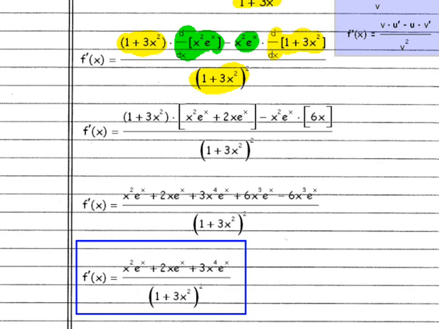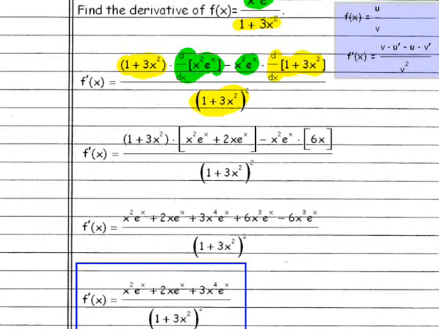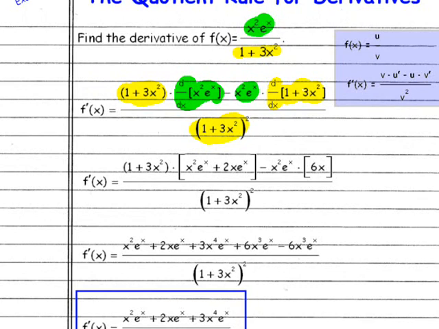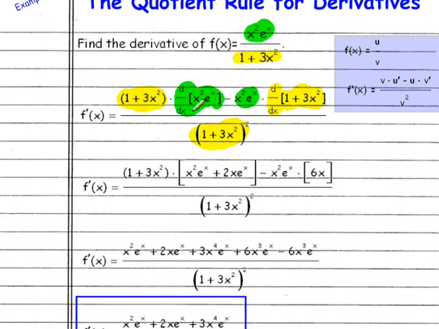Now, of course, as we mentioned before, this required a lot more work. And the main reason I wanted to do this example was to understand that it's going to behoove us to not just worry about writing down u's and v's, but to remember denominator times derivative of numerator, and then be able to write how we say derivative of numerator, because we can't do that calculation in our head.